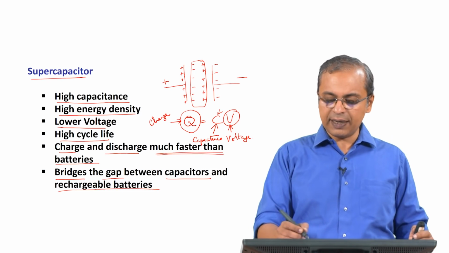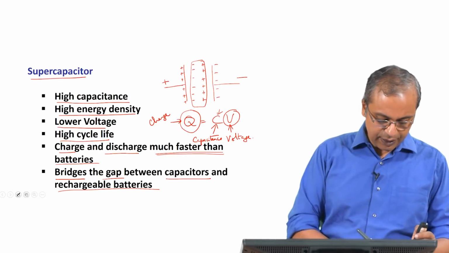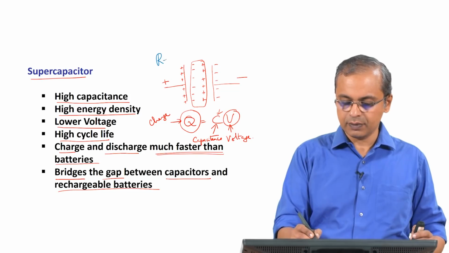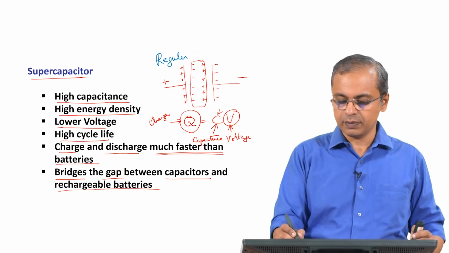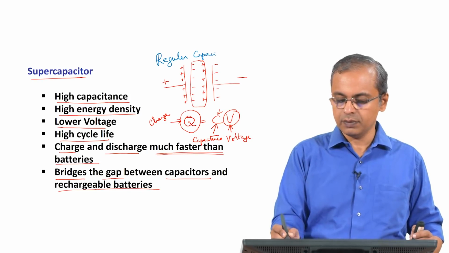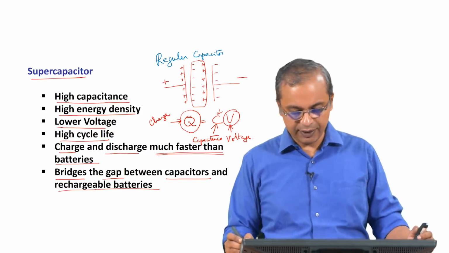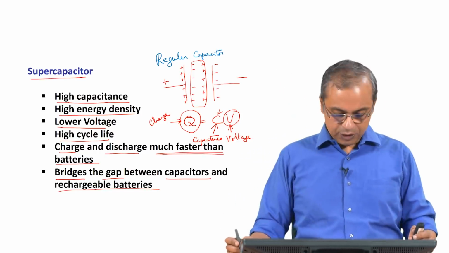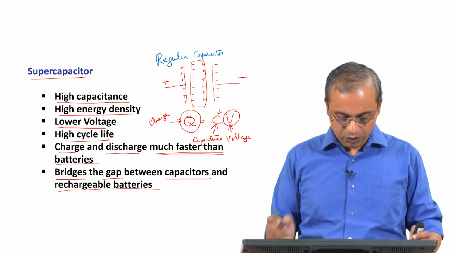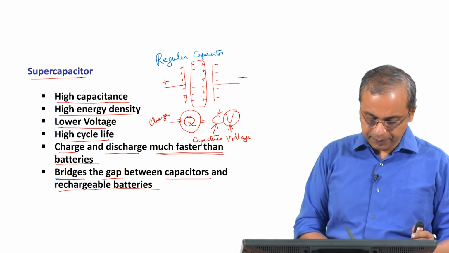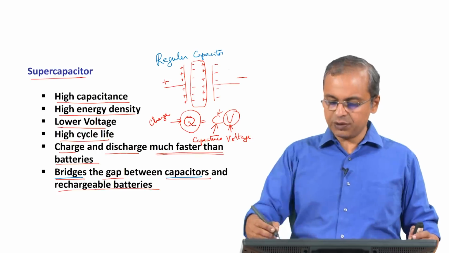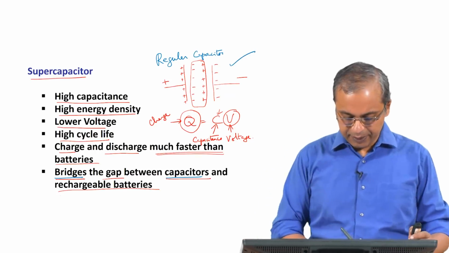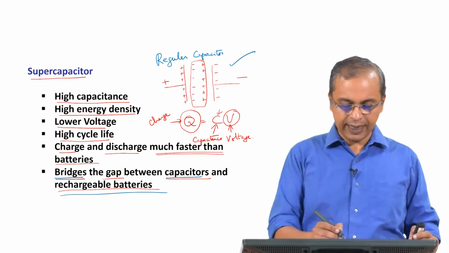Okay. So, this what I have shown you here is a typical regular capacitor. We will see that some more again anyway, but this is a regular capacitor. This is not what we are doing here, we are talking about supercapacitor, and the supercapacitor bridges the gap between these kinds of regular capacitors and rechargeable batteries, where you have an anode, a cathode and an electrolyte.